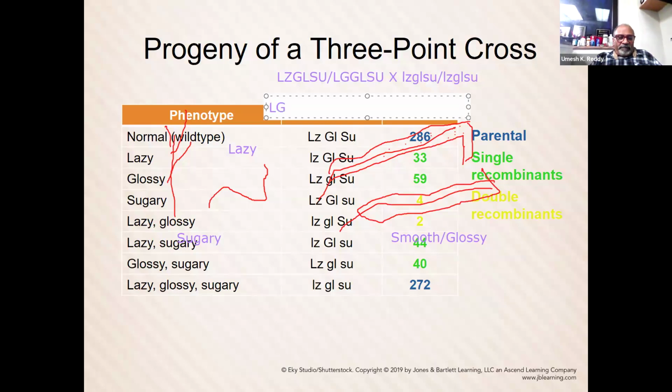LG, glassy, sugary, LG, glassy, sugary. So this is the heterozygous condition. One chromosome is coming from here. One chromosome containing all three recessive alleles is coming from here. Then it is heterozygous.